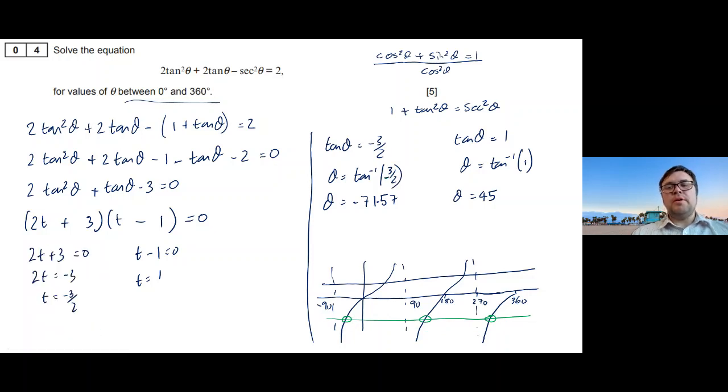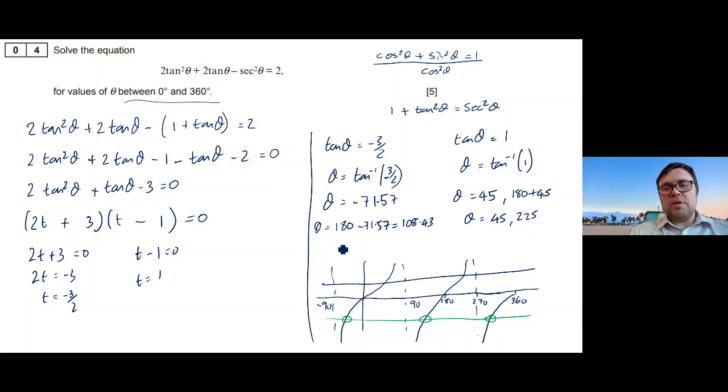Right, so for the 45, the next one is just going to be 180 plus 45. So my 2 points here are 45 and 225. For the next one on the other side, theta is equal to 180 minus 71.57, which is equal to 108.43.